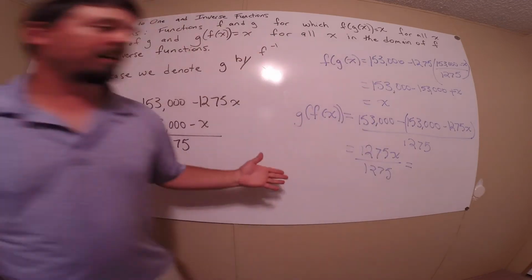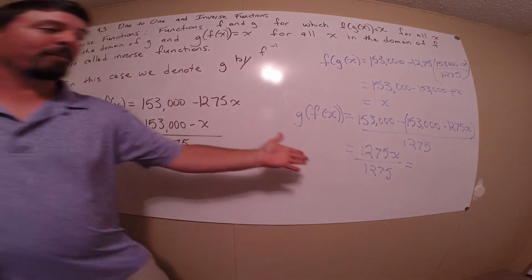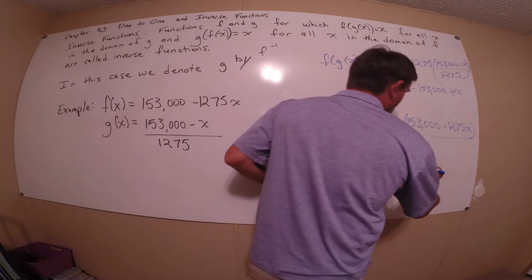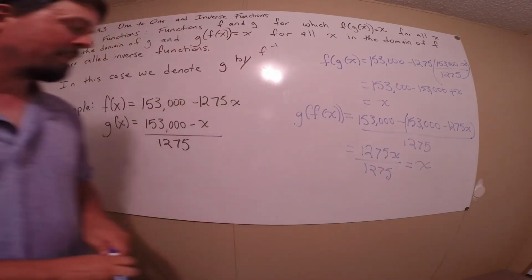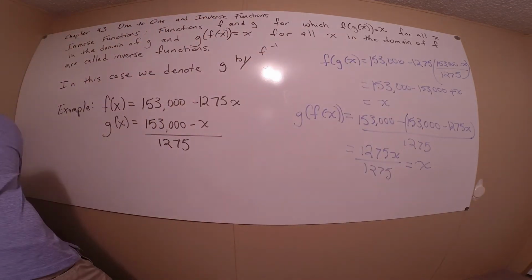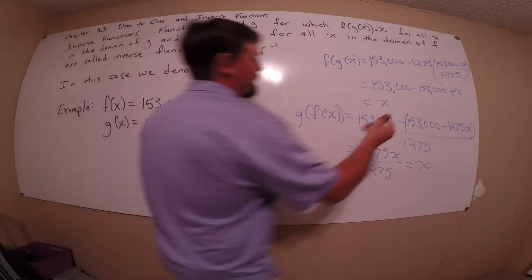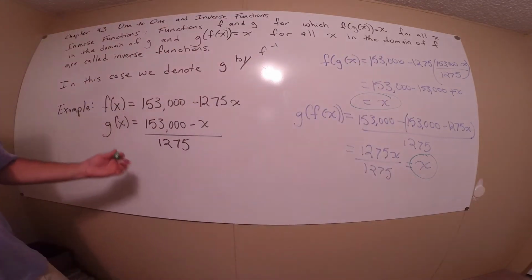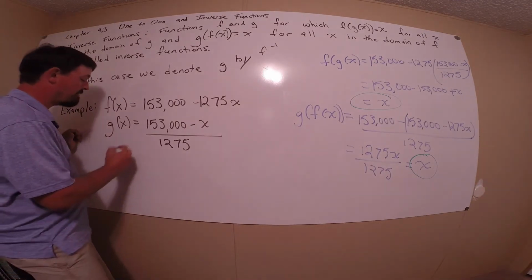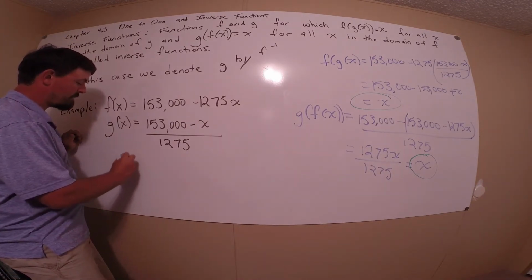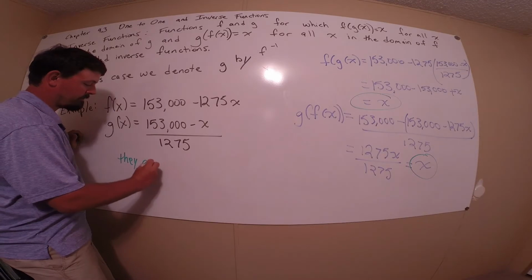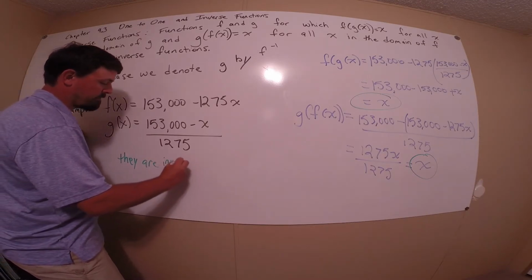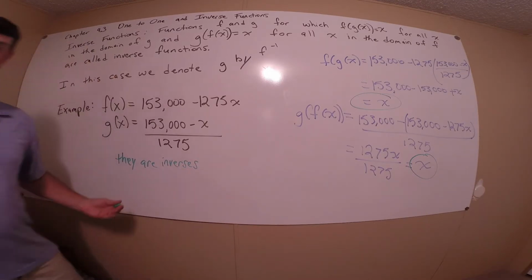Now, you can see that 1,275 divided by 1,275 is just 1, so we're left with x. We've gotten exactly what we wanted to get right here. We've gotten an x for this one. We've gotten an x for this one. Therefore, we can say that these are inverse functions. So they are inverses. Simple as that.